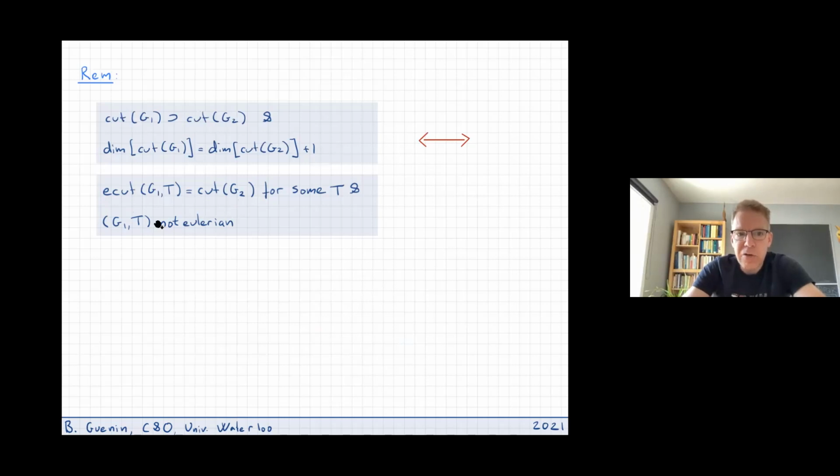And again, you need that because if it was Eulerian, then every even cut of (G1,T) would just be the set of all cuts. And so we'd have that the cuts of G1 equal the cuts of G2.